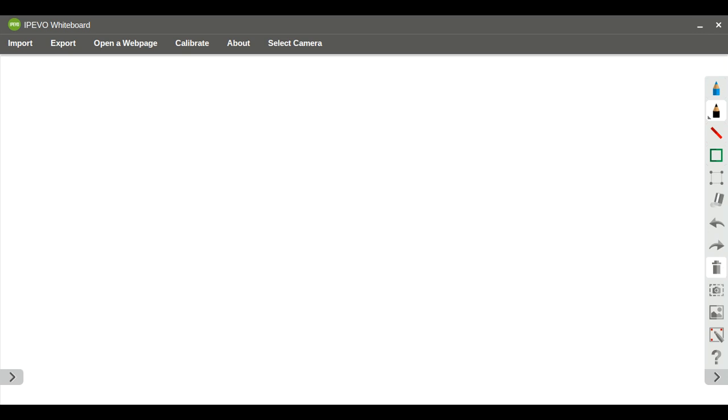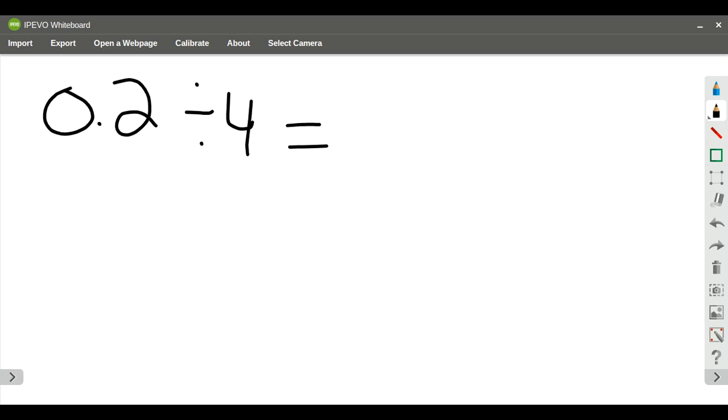So we're looking at whether or not the quotient is going to be greater than or less than 1 and why. So if I have 0.2 divided by 4, is that going to be greater than 1 or less than 1? This is going to be less. So the quotient we're looking for is going to be less than 1. And here's why.